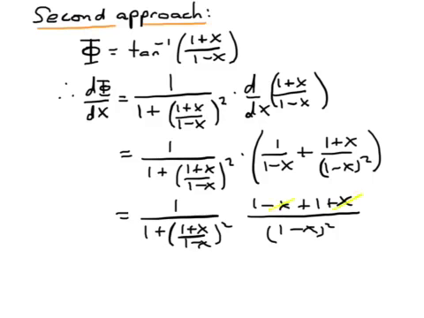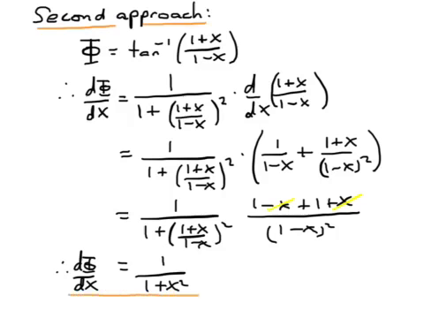We're left with a factor of 2 on the top. We multiply all of this out just as before on the previous calculation. There's no great point going through it again, and what we arrive at is 1 over 1 plus x all squared, and that is our result for this calculation.